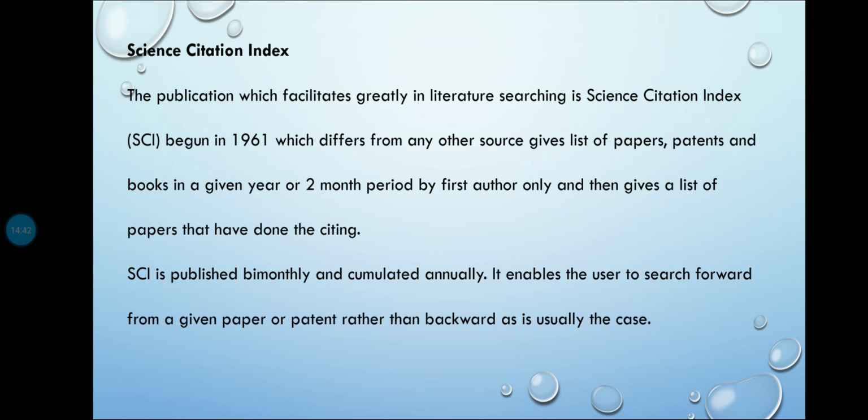The Science Citation Index is published bi-monthly and cumulated annually. It enables the user to search forward from a given paper or patent rather than backward, as is usually the case.